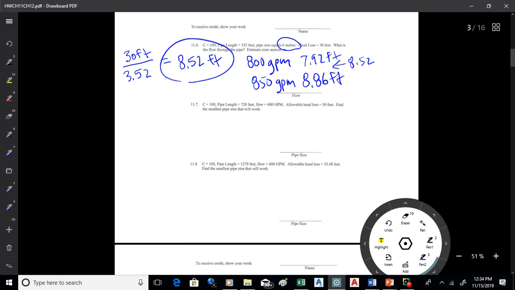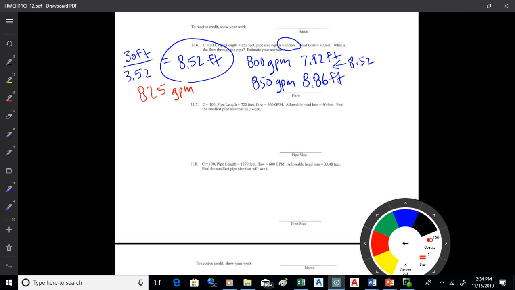If I really want an accurate answer, I can interpolate, but I don't see the need in this class. These numbers are pretty general anyway, not pinpoint accurate. So if you said 825 gallons per minute, because you're midway between 800 and 850, I would call that good. We're looking at the head loss per 100 and seeing what values of flow fit that.